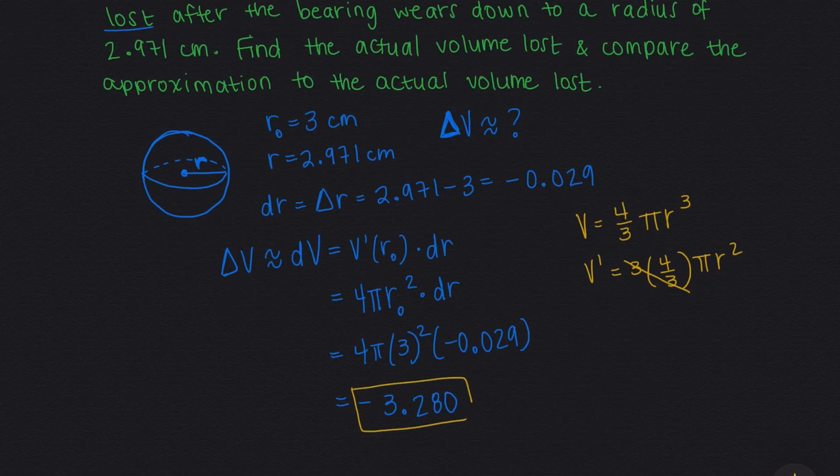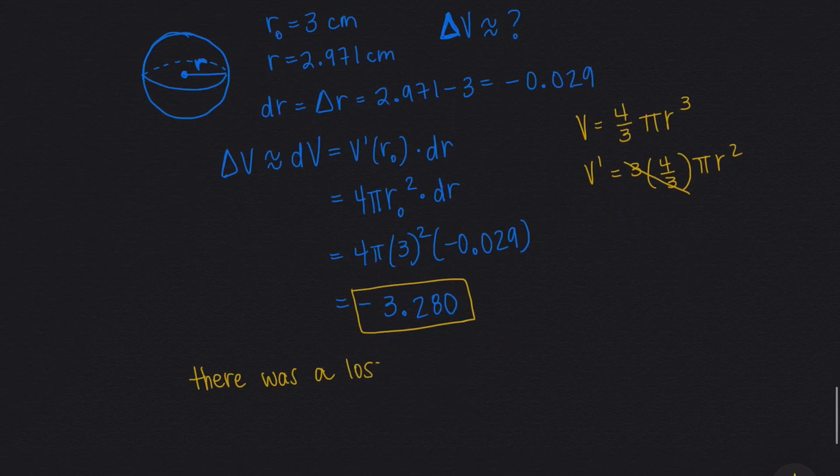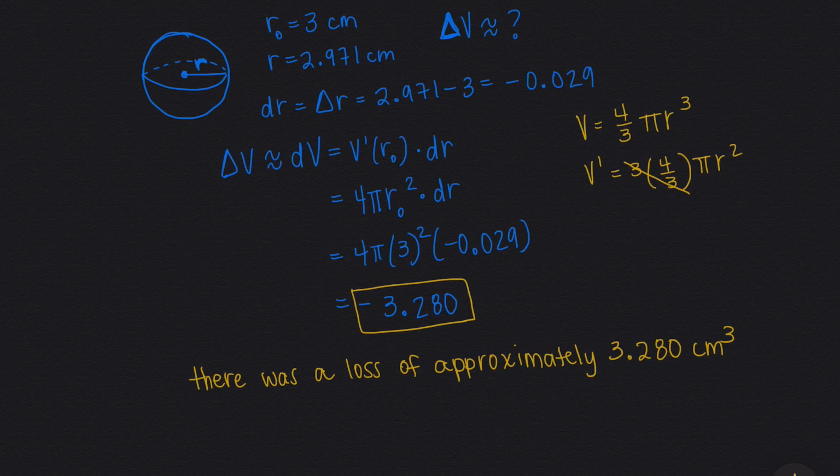That is our approximation. And we would say there was a loss of approximately 3.280 cubic centimeters. Remember, we're talking about a volume here. And notice that we don't say that the volume is negative. Instead, we account for that negative by using the word loss.